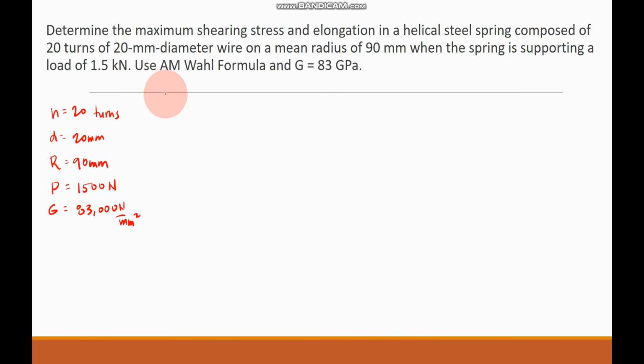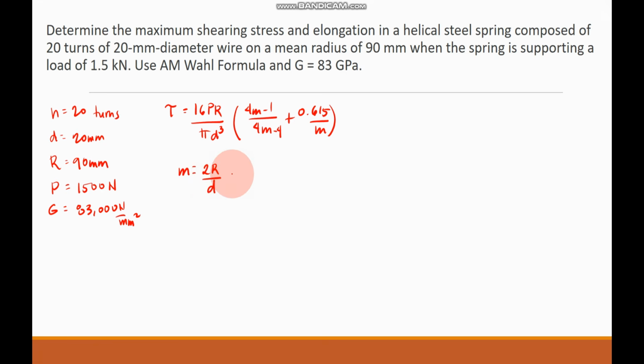So for the maximum shearing stress, we have here our formula 16PR all over pi d cubed. So the problem states that we will use the AM wall formula. So magiging (4m minus 1) all over (4m minus 4) plus 0.615 all over m, in which our m is equal to 2r all over d.